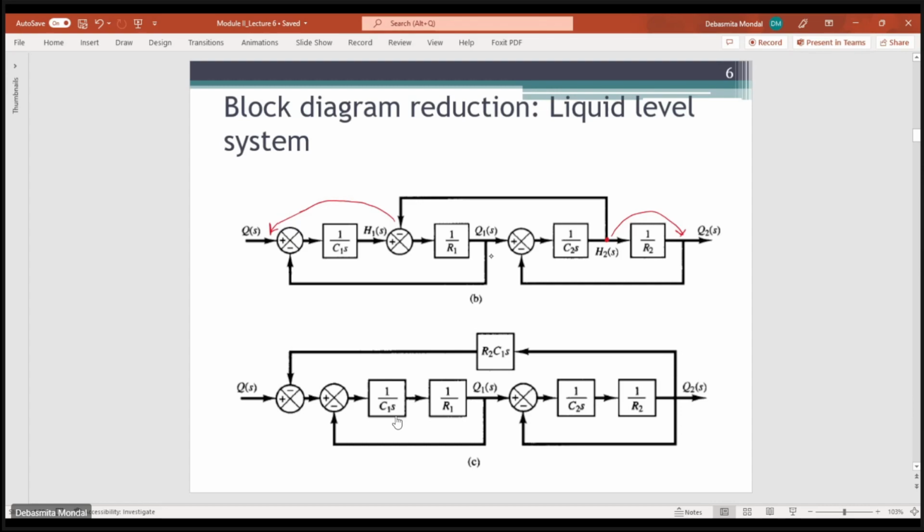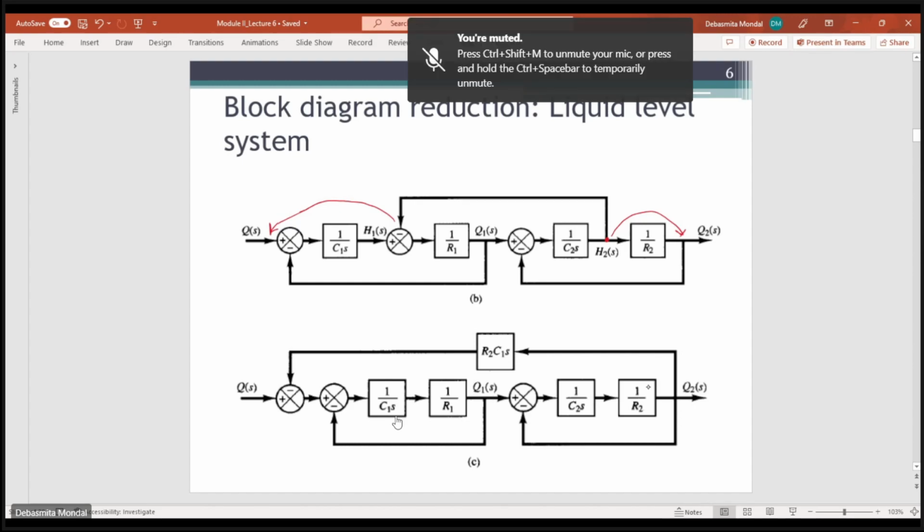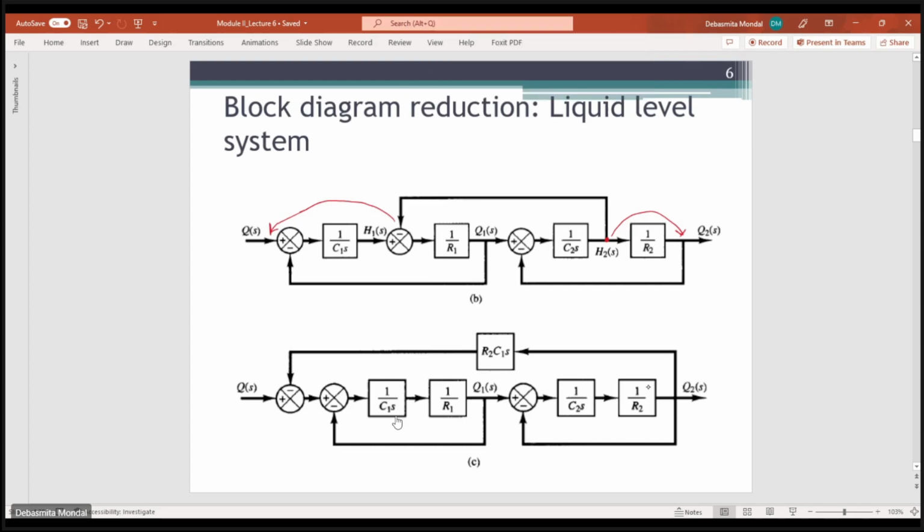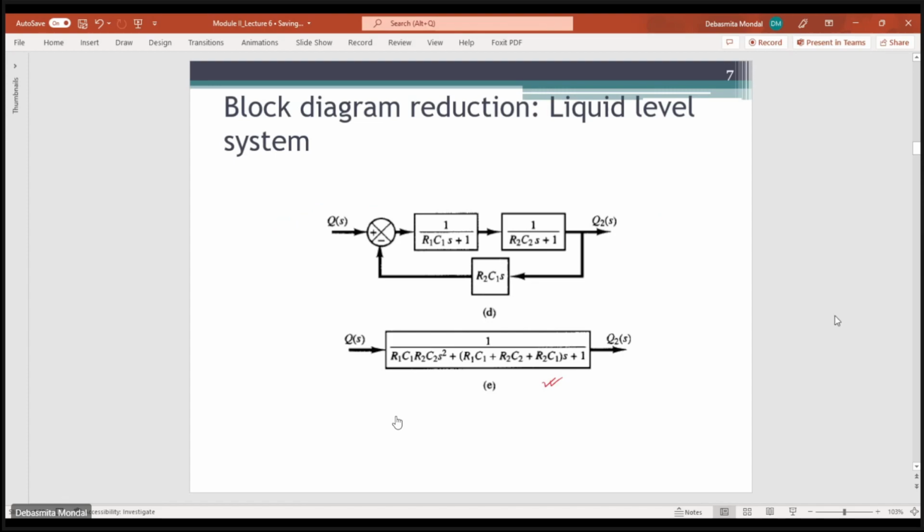They have done a step jump, so instead you can do one step at a time also. Once you have this, you have two loops, so you can represent it like this, and this will be the final transfer function.